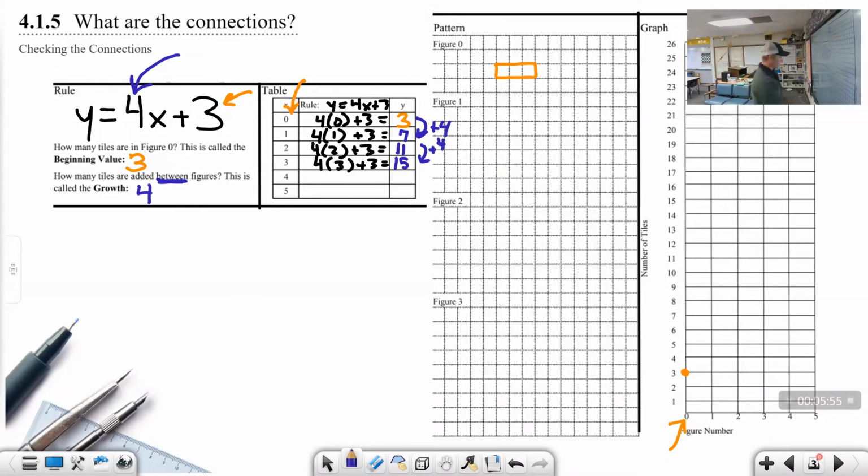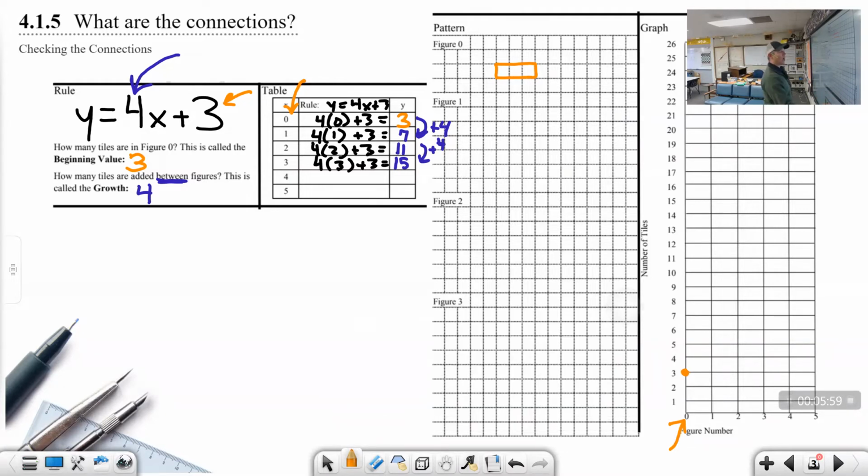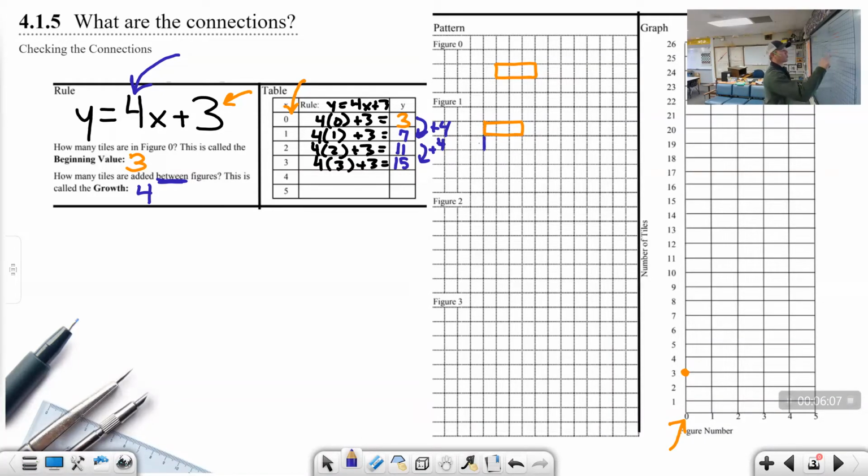What about my growth as a tile pattern? Well, I had my original 3, and how much did it grow by? Well, it grew by 4 more tiles. And you could invent any tile pattern that you want. Okay? And then you would grow it another 4.